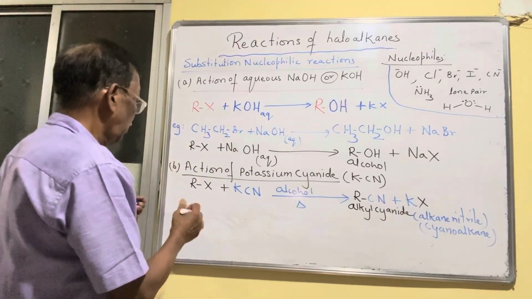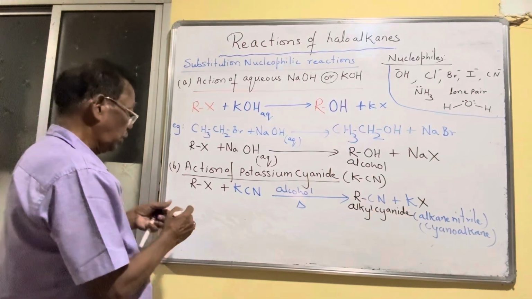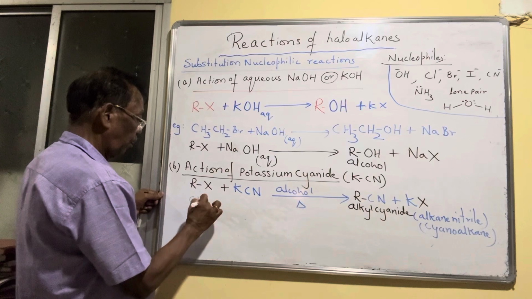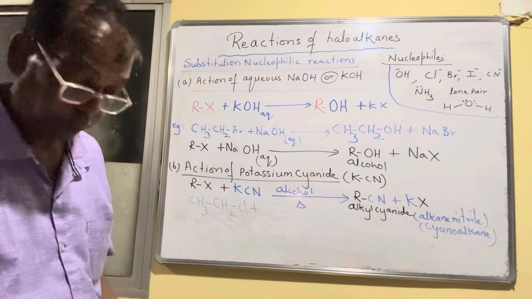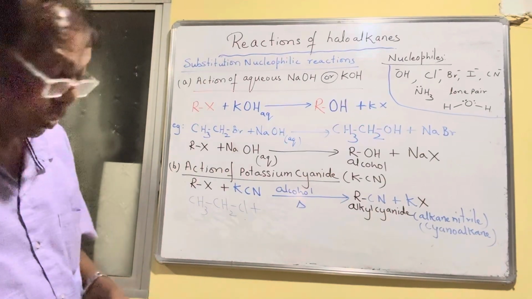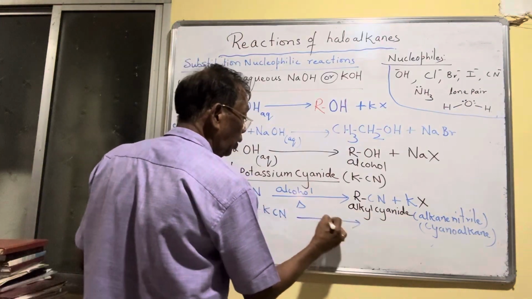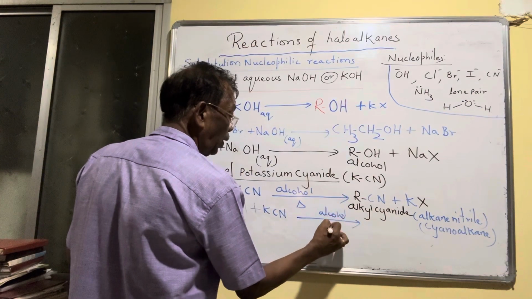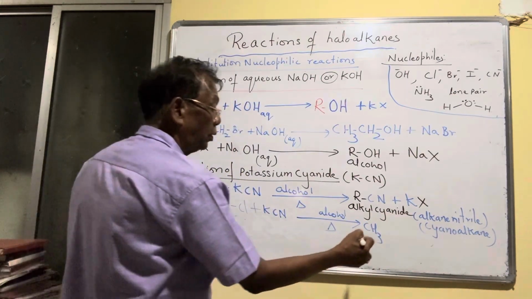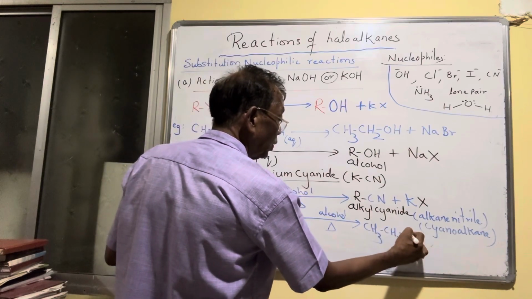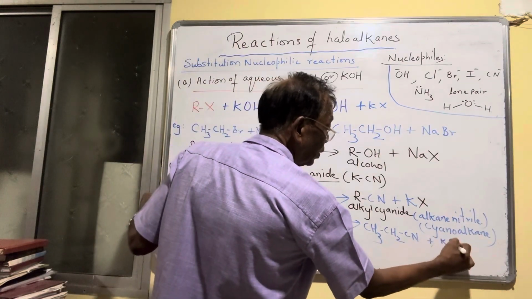Now here let's take a different example. Suppose we take CH3CH2Cl plus KCN, potassium cyanide, in alcoholic medium and heat. What you'll get here will be CH3CH2CN plus KCl.